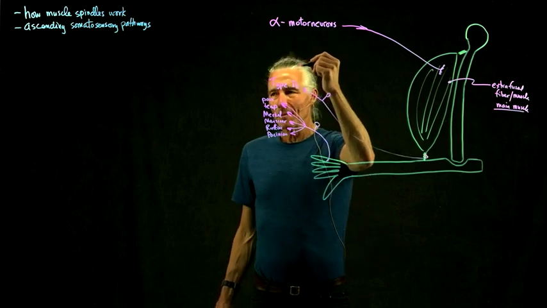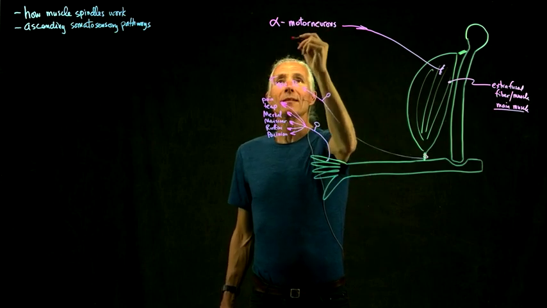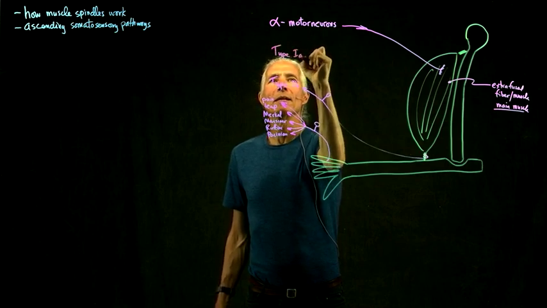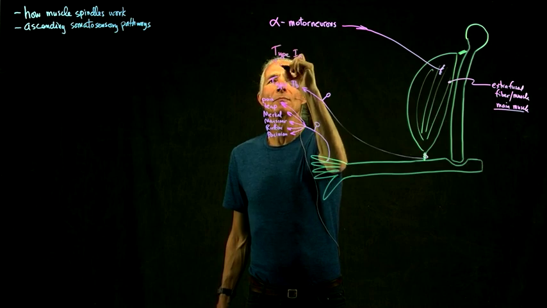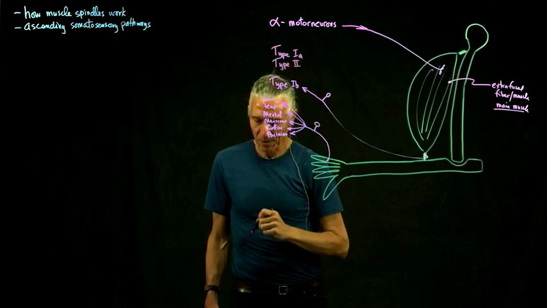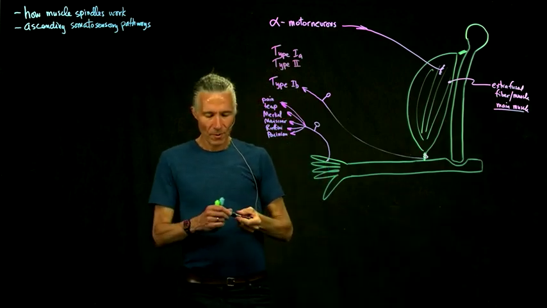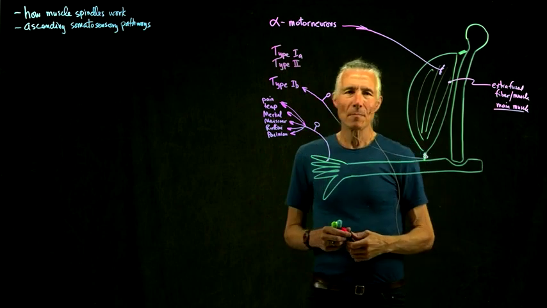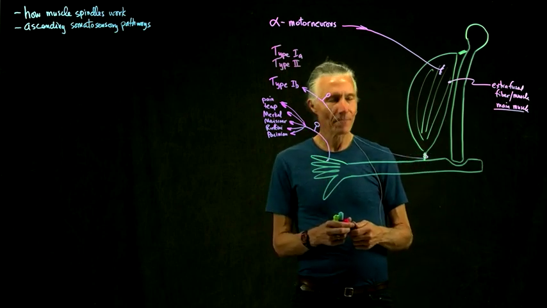But the ones we want to talk about today are the type 1A and type 2, Roman numeral 2, muscle spindles. And so what are these guys? These guys are little things that are bolted down to the muscle.